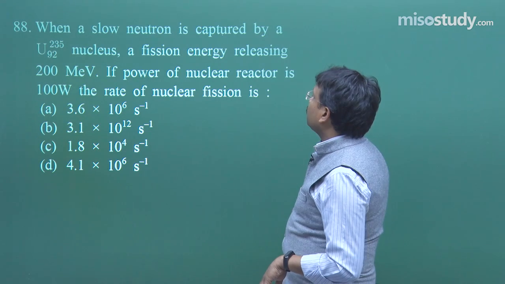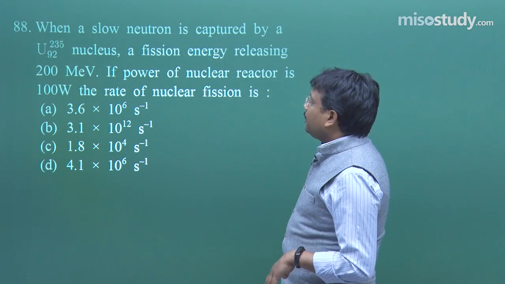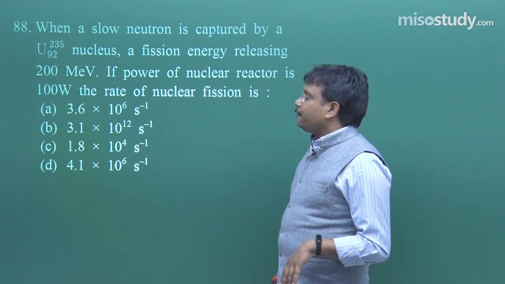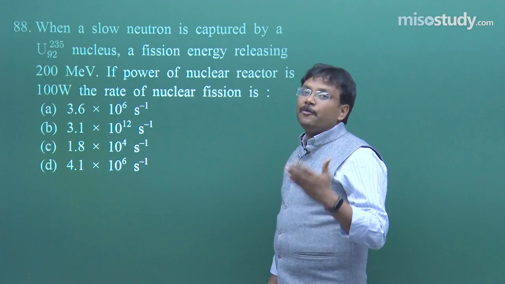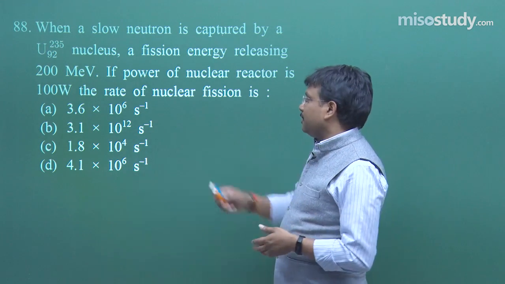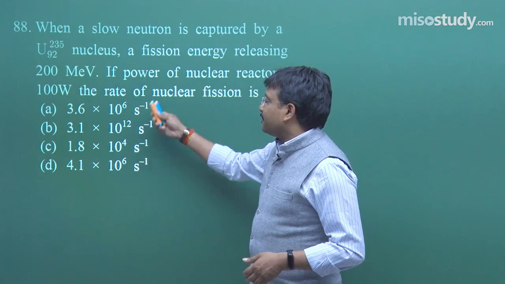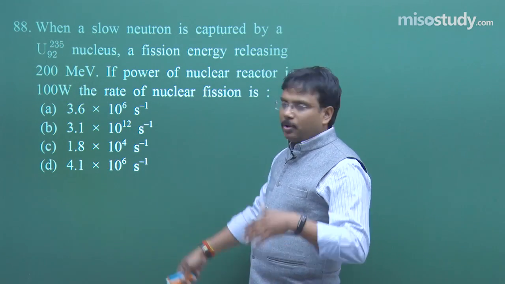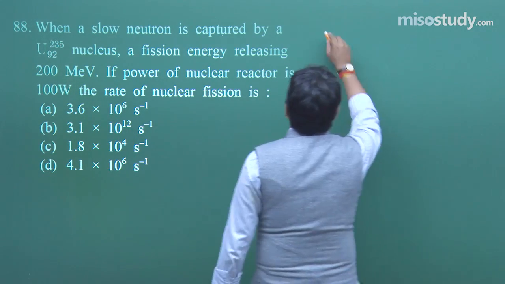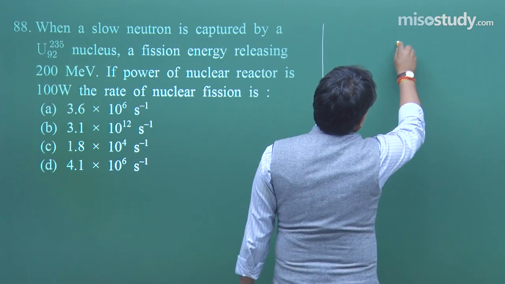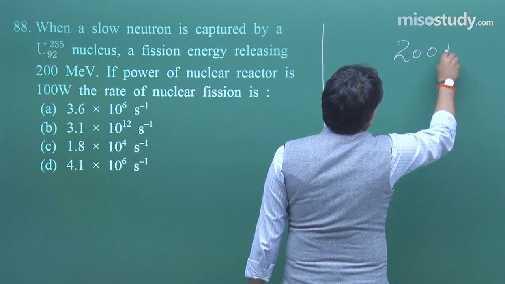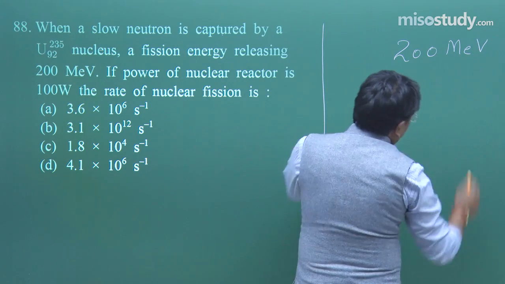So, if the power of the nuclear reactor is 100 watt, how many fission reactions are taking place per second? The options are 10 to the power 6 per second, 12 per second, 4 and so on. 200 million electron volts.